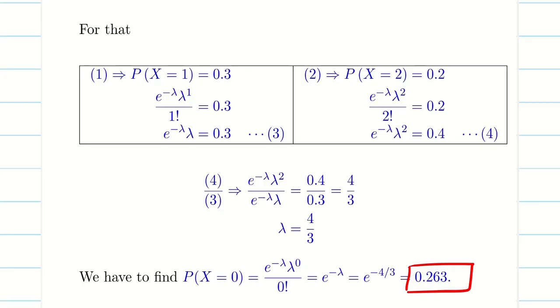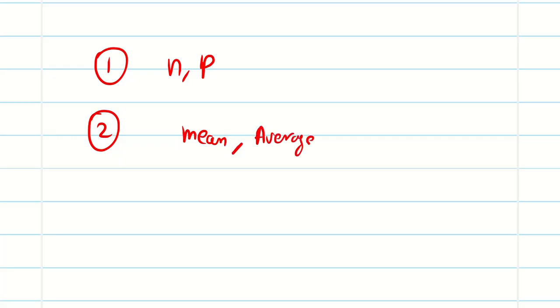So as a conclusion, they can ask the problem by giving n and p. Second type, they will say the word mean or average or lambda, etc. Then lambda is directly given, and you have to solve the problem.